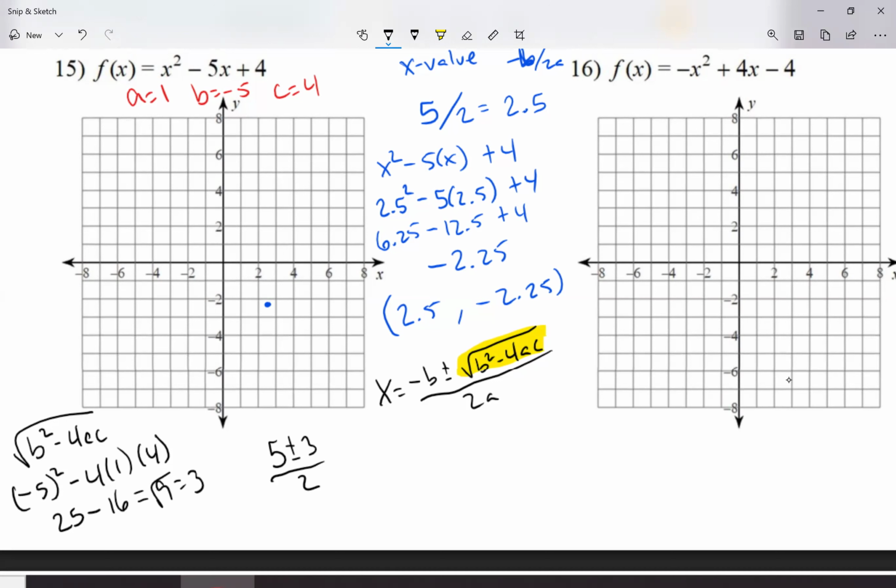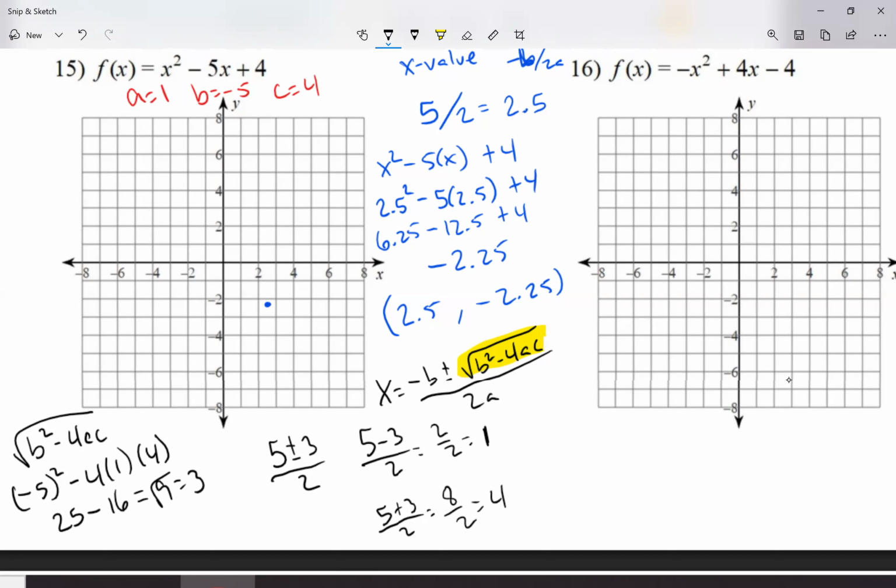So my two zeros: one of them I'm going to go 5 minus 3 over 2, and the other one I'm going to go 5 plus 3 over 2. So for the first one, I have 2 over 2, because 5 minus 3 is 2. So 2 divided by 2 is 1. For the other one, I have 8 over 2, because 5 plus 3 is 8. But 8 divided by 2 is 4. My two zeros are 1 and 4. My two x-intercepts are 1 and 4.